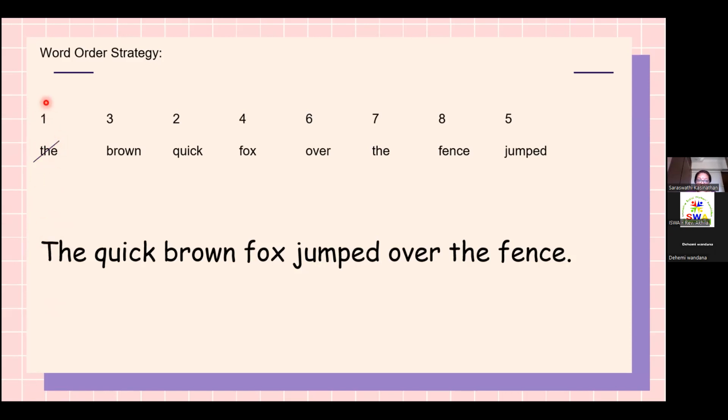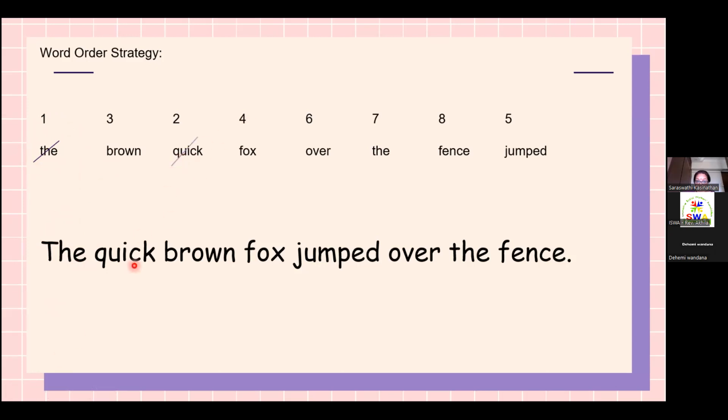That means you know that you have already written this word and it has been used. This is to avoid duplication of words. Because when you reorganize a sentence, you do not want to duplicate the words. So when you cancel it, you know that you already used it and you cannot use it again.